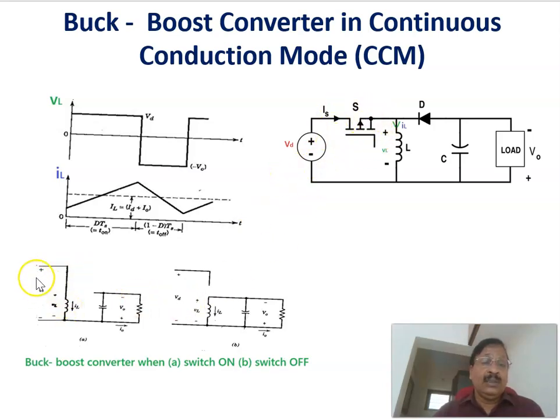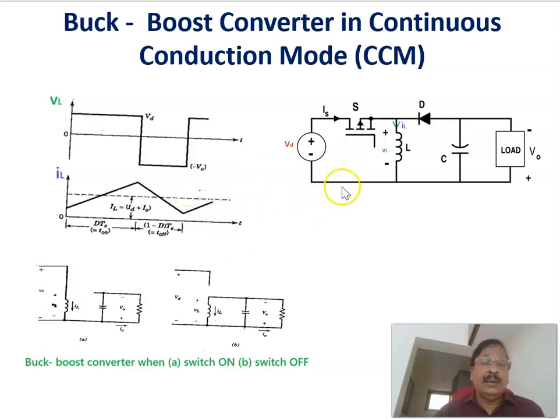The input voltage Vd is across the inductor, and the output current is being supplied by the capacitor. What we are assuming is that the current through the load is always constant, and that is being supplied by this capacitor.